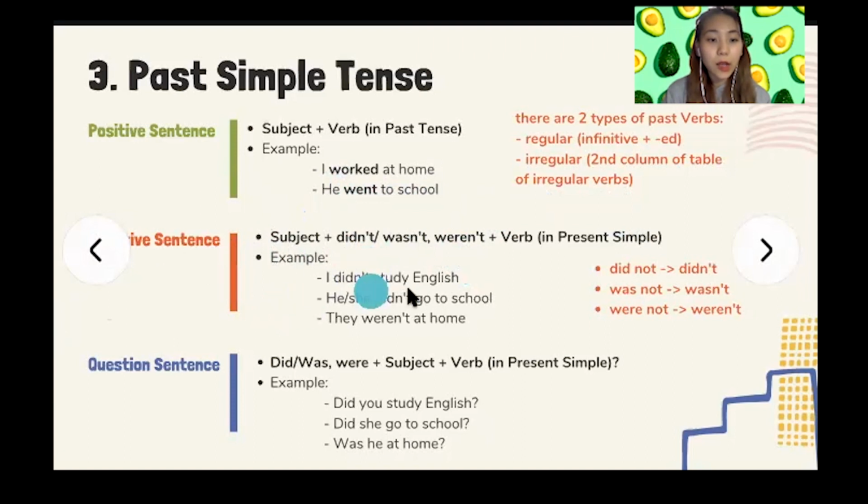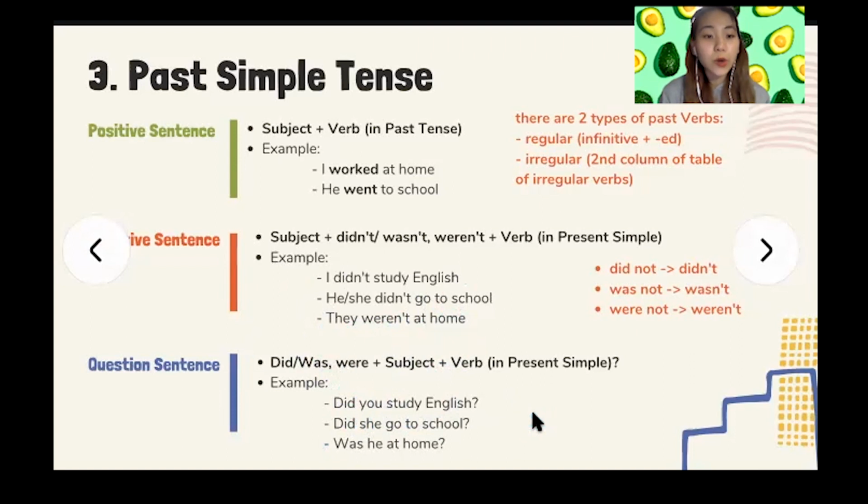They weren't at home. Question sentence: did or was, were, if it is to be, plus subject plus verb in present simple. For example, did you study English? Did she go to school? Was he at home? Okay?